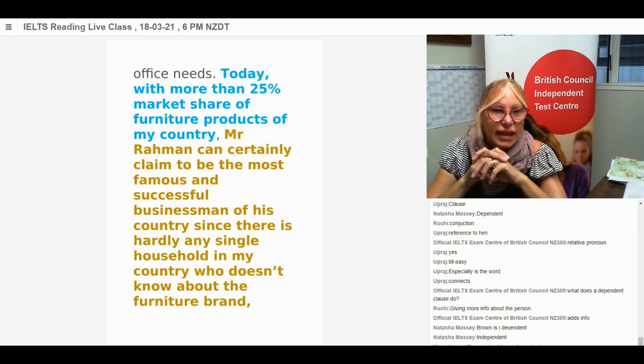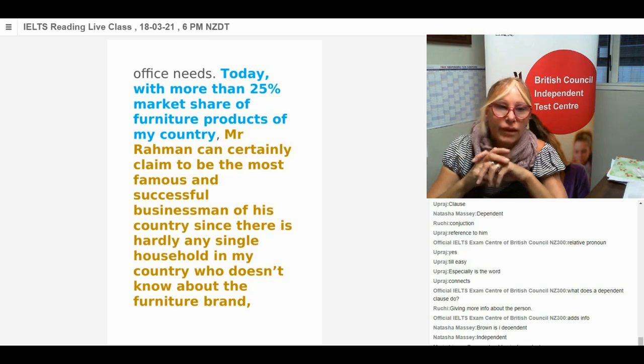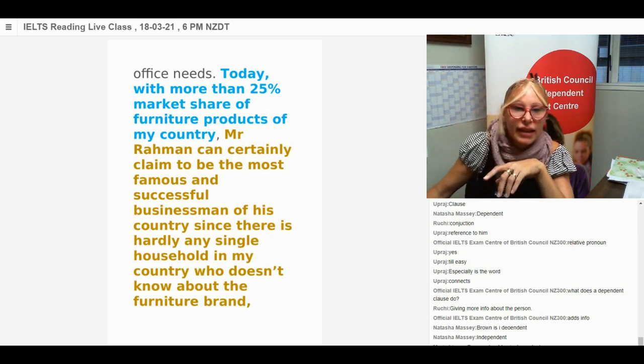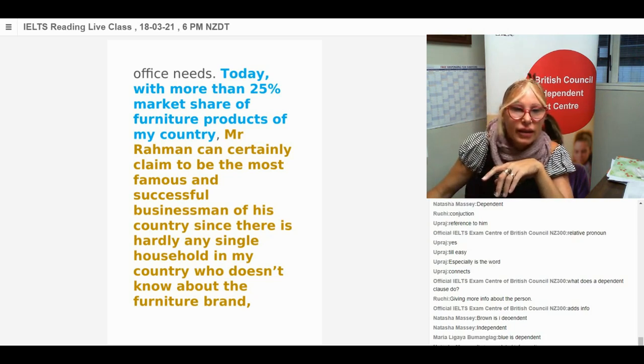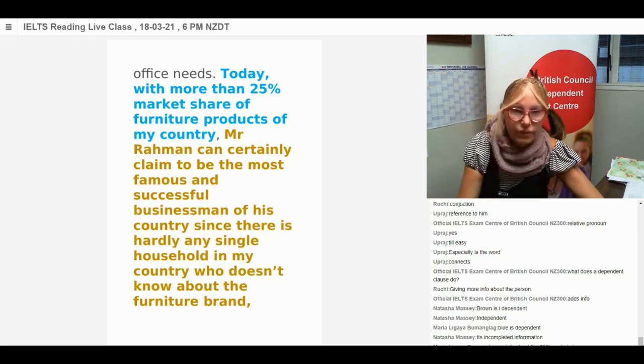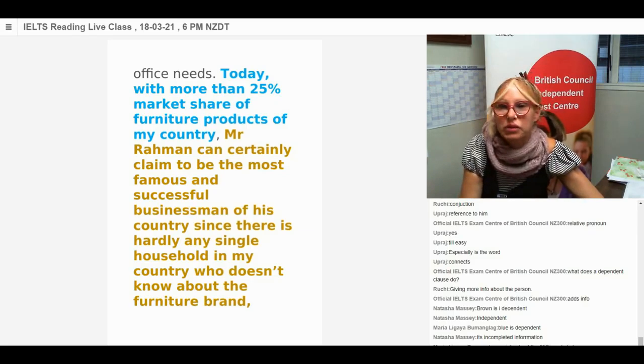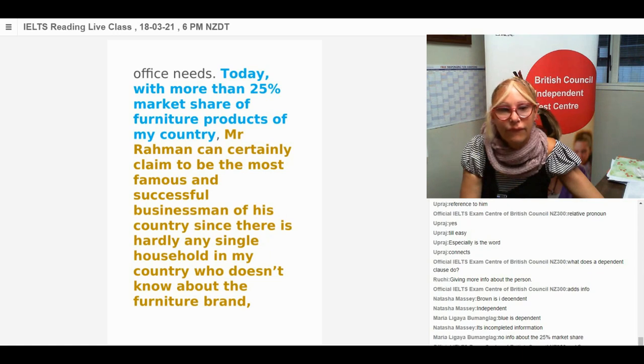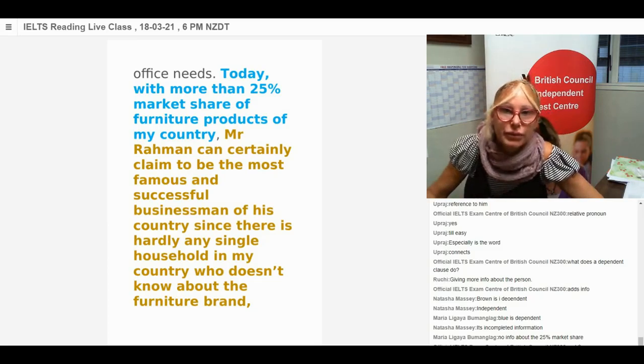Blue is missing something. Yeah, it's incomplete. It's missing what? Right. But the main thing is, where is the verb? There's no verb. Right? So every sentence must have a verb. Every complete sentence must have a verb. So we've got no verb in the blue part.